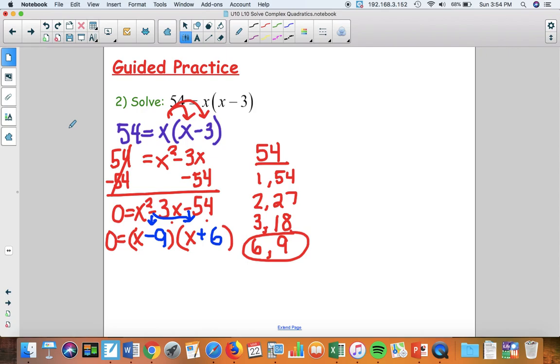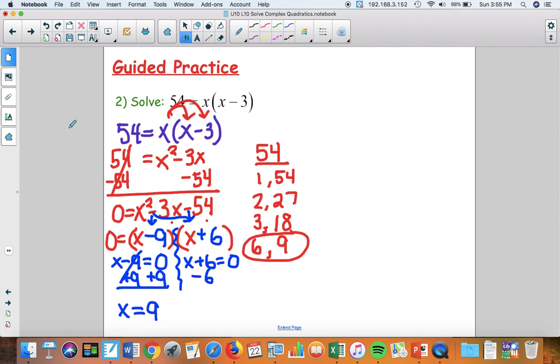Now we didn't actually solve for x yet. What we now have to do is split it up. And we do x minus 9 equals 0, x plus 6 equals 0. And now we solve. So add 9, we get x equals 9.